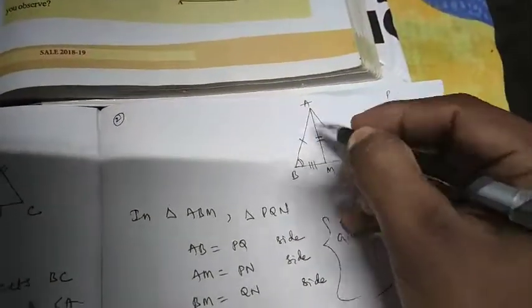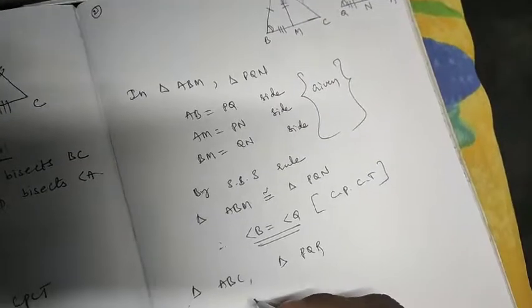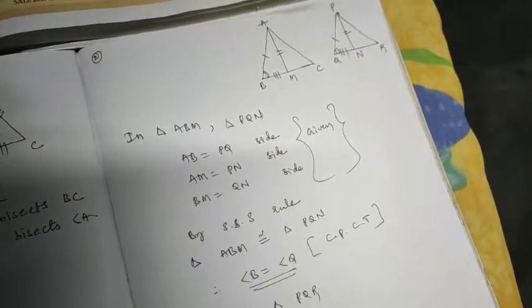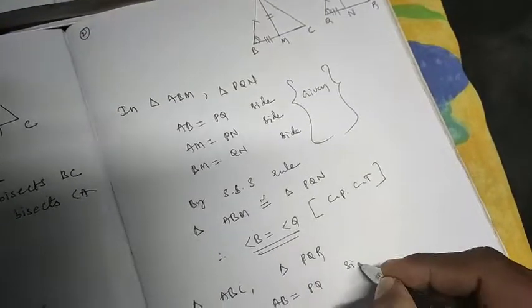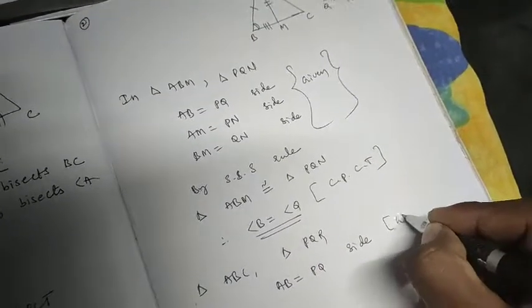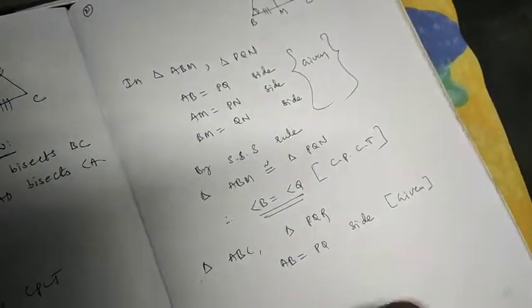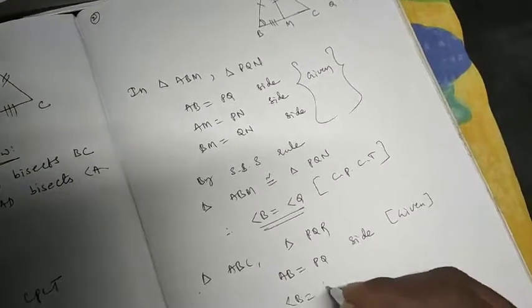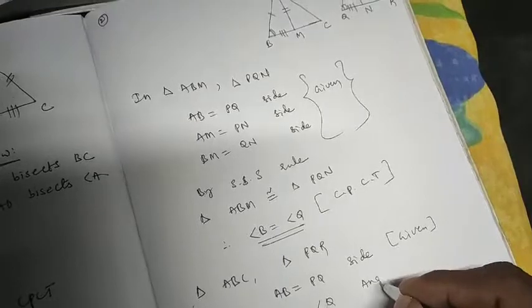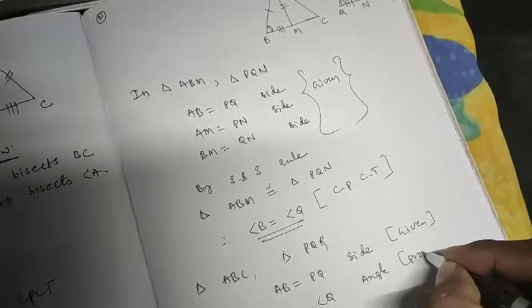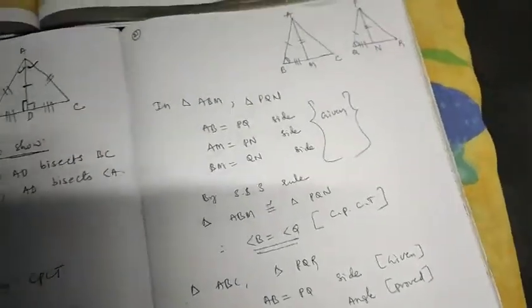Just look now. From the diagram, AB is equal to PQ. We know it's a side and it is already given information. Correct? Now angle B is equal to angle Q. Here we can see it. It's an angle because it's proved. Next.